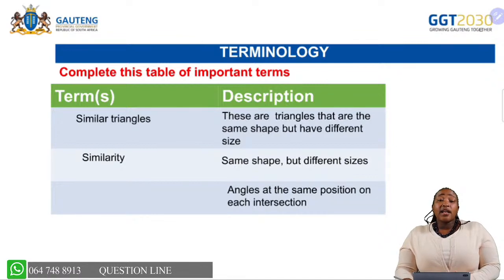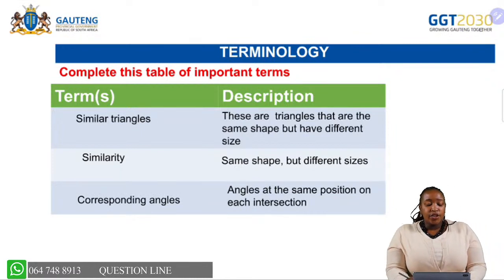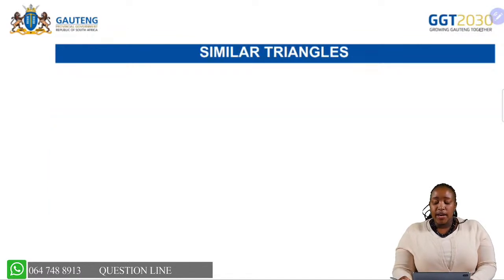It says angles at the same position on each intersection. What type of angles are those? These are your corresponding angles. If you have all of those, well done, you still know your terms. Very good. As we know, we are discussing similar triangles.